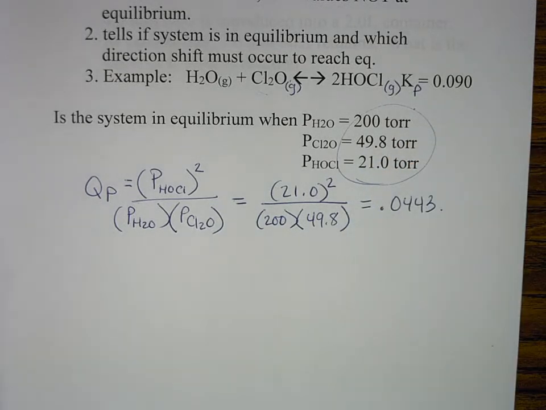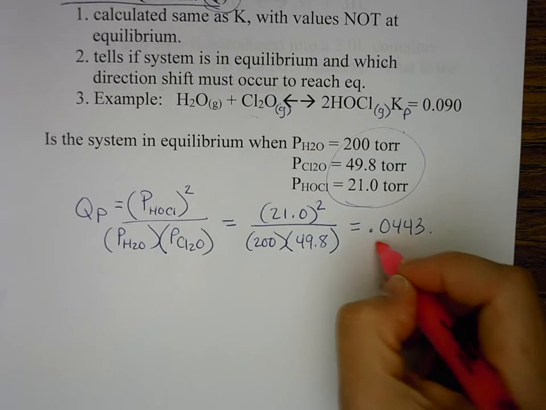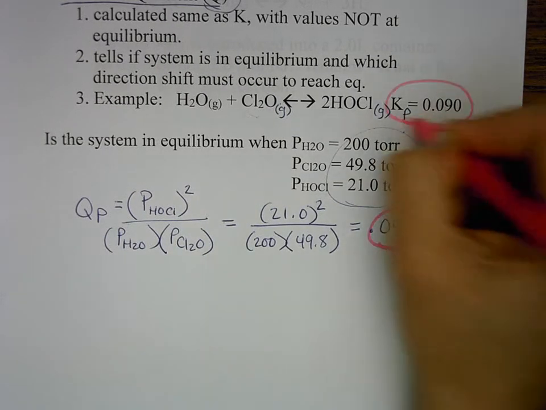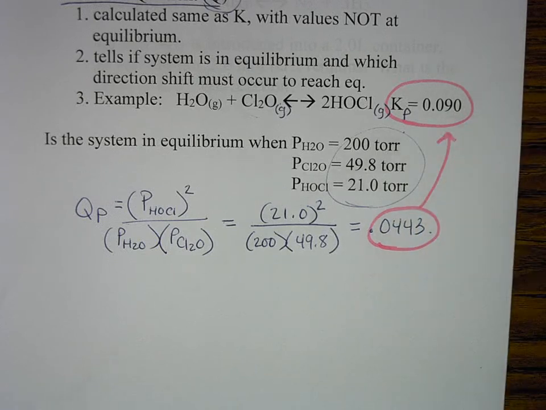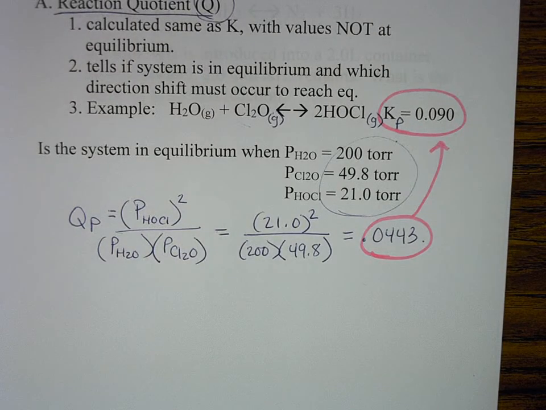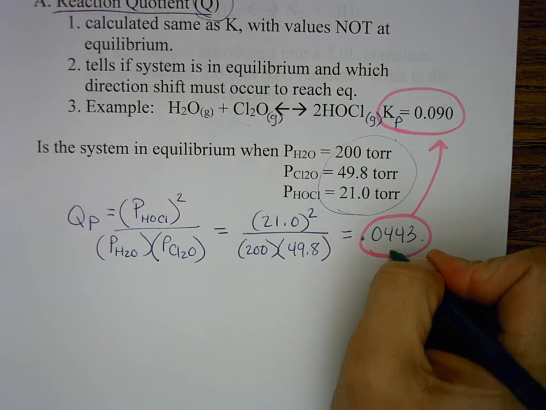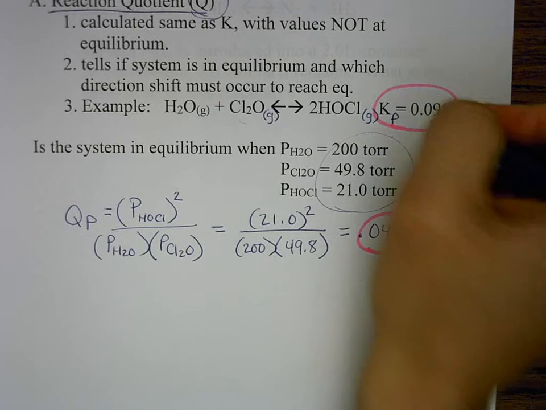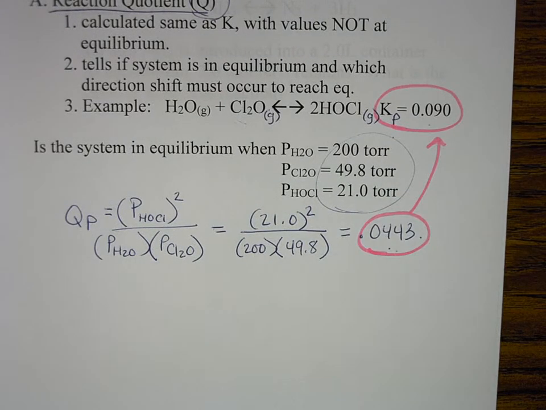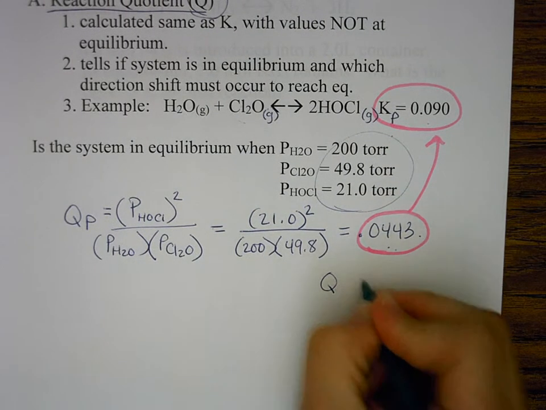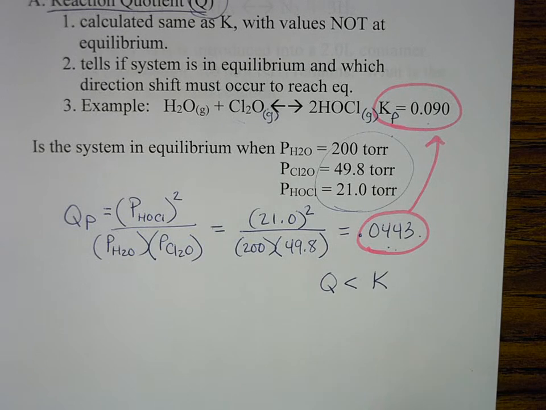Once you calculate that value for Q, you want to compare the Q value with the K value. I'm going to decide, is it smaller or bigger, and what does that mean? So is my Q value smaller than or bigger than K? Smaller, right? So Q is smaller than K.